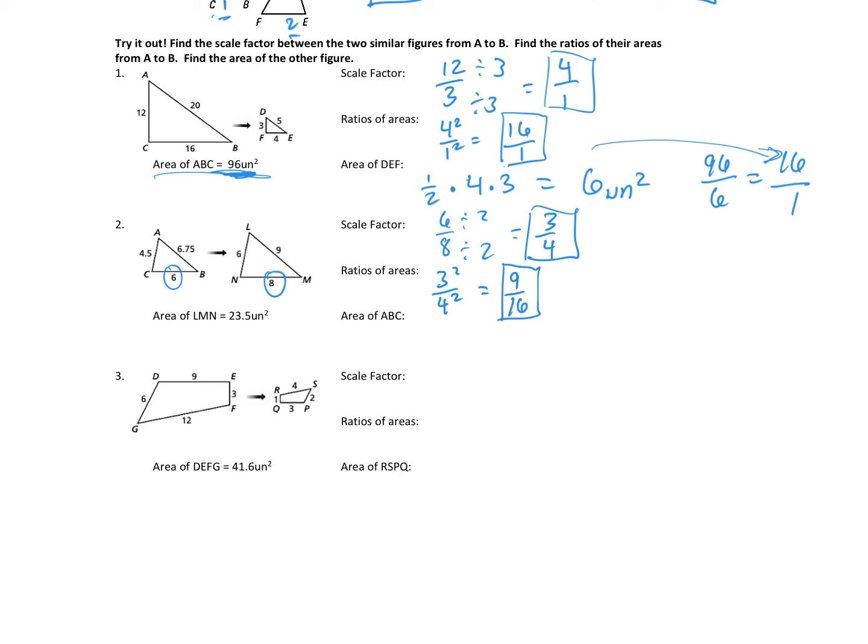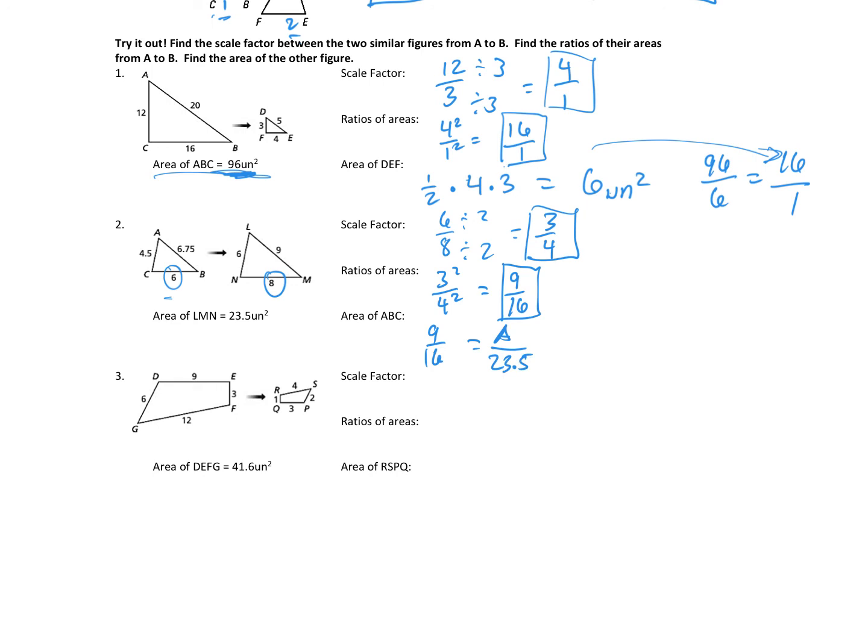This isn't a nice right angle, but they want us to find ABC. Well, this is what I can do. I already know what LMN is. LMN is 23.5. So 23.5, that's for the first one. So that's the second one. So that's going to be my denominator. So 9 over 16 is going to equal my area. I'm going to call that A. My area over 23.5.